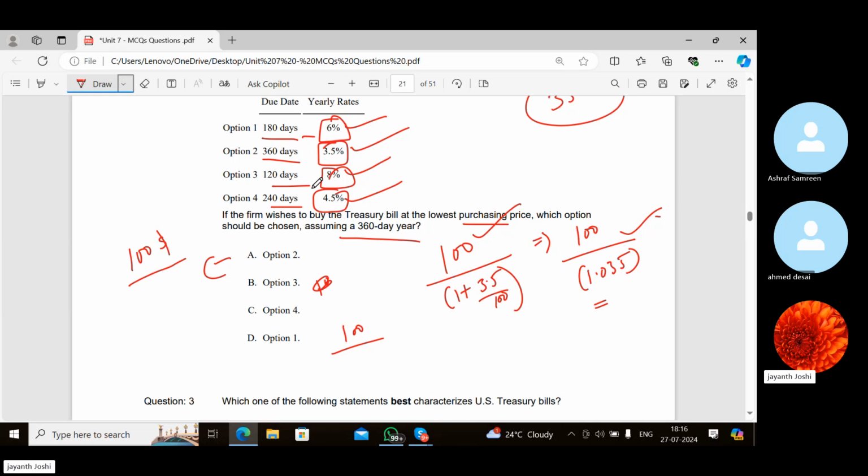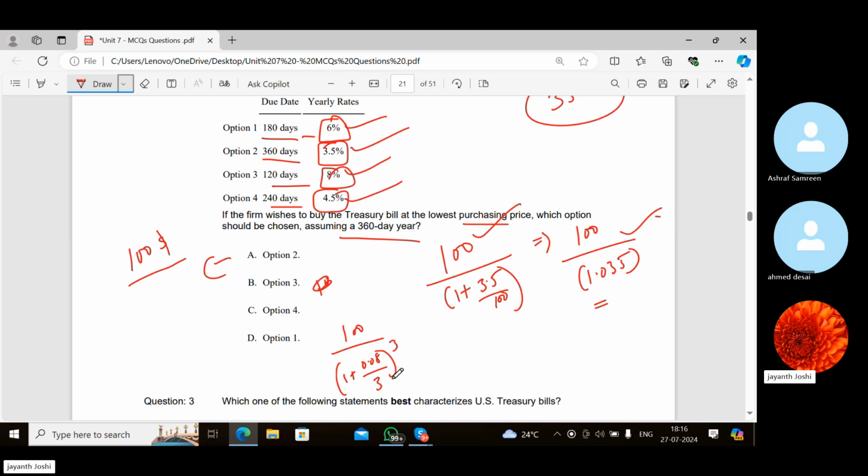Option 2, right? Option 3, 120 days. 1 plus 0.08. 120 days means every 120 days you get the interest, so 3 times in a year. Divide by 3, whole power 3. So I'll tell you what to do.